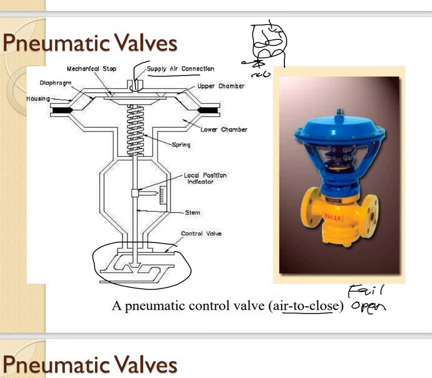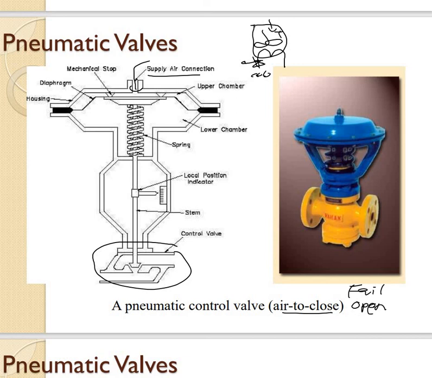So if, let's say, the system is shut down, the valve will be open. It causes the cooling water to flow inside the coil, and it will make sure that the temperature inside the reactor will cool down.